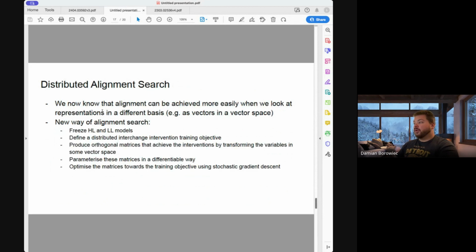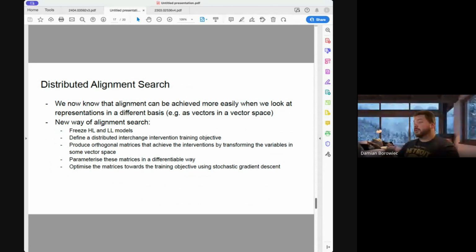But I guess the newest approach to this is we perform distributed alignment search, which is actually used in ReFT to modify the adaptations to representations. So we know that the alignment can be achieved more easily when we look at them in a different basis.